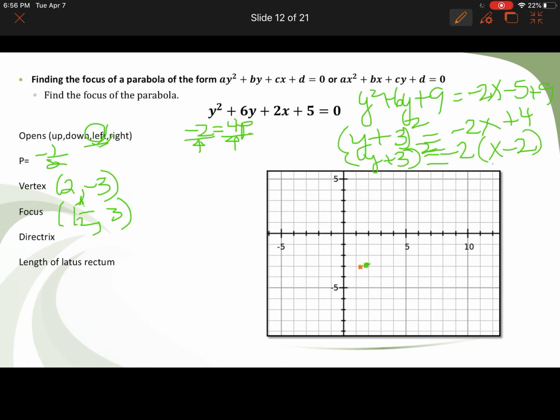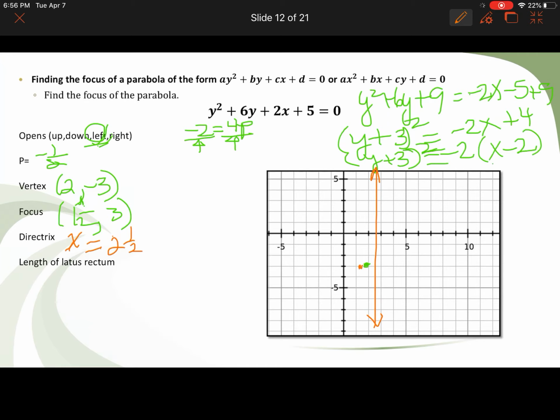So it's there at 1/2. And the directrix is the other way. It's going to be a vertical line at x equals 2.5. So it's going to be this vertical line that goes right there. They're super close together, but that's okay.